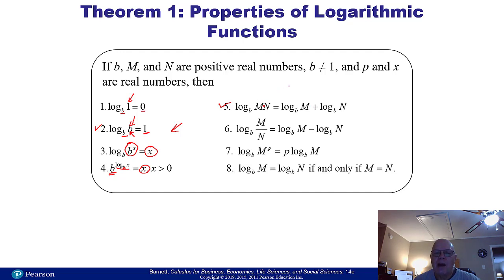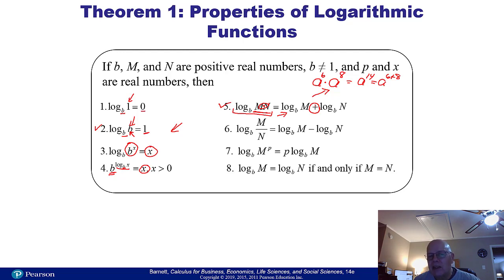If you think about what happens with your exponents, if you have a to the 6th times a to the 8th, you end up with a to the 14th, also known as a to the 6th plus 8. So multiplication back here means you're going to have the sum of the two individual logarithms. And it works like this. So make sure you're able to take this with a product and split it into two separated by a plus.